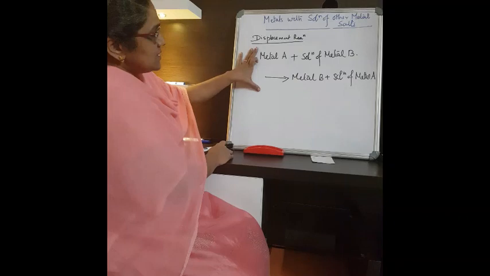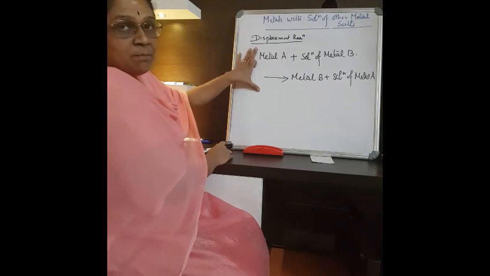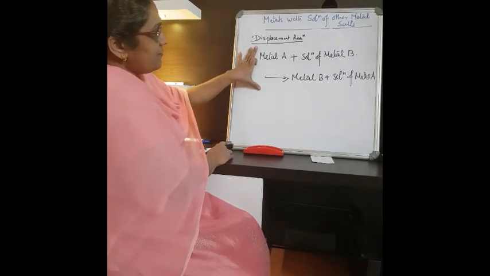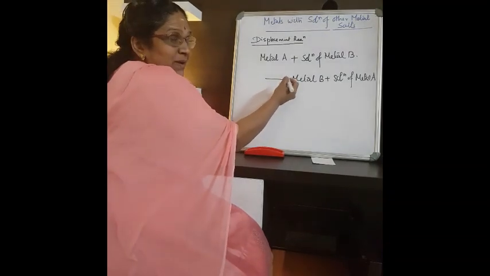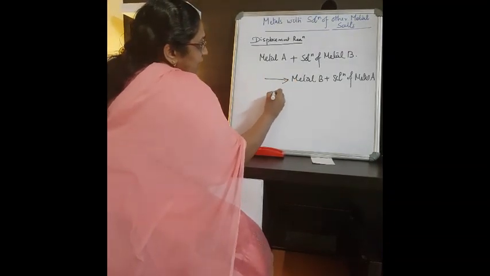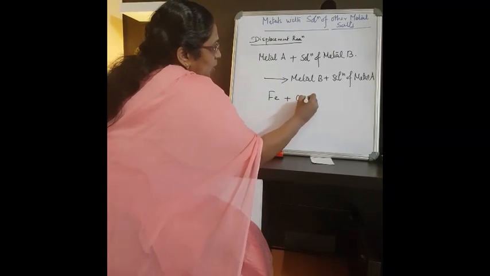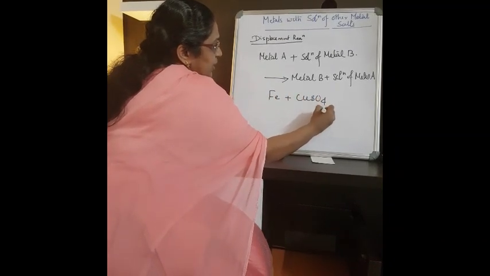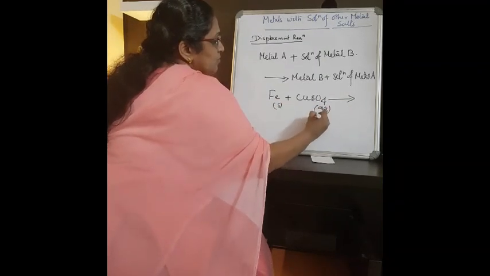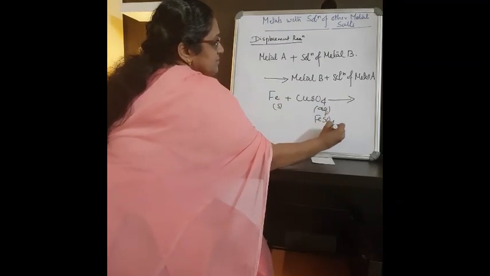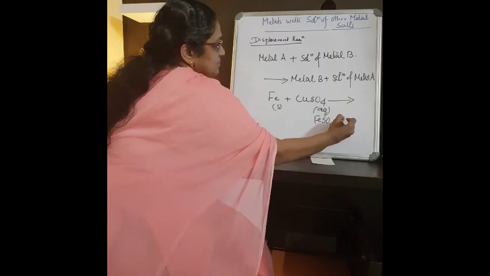Now see this reaction carefully, what this implies. If I write an example for this reaction, you will get it quickly. That means iron plus copper sulfate, that is aqueous solution. Iron is a metal, solid, will give you iron sulfate plus copper.